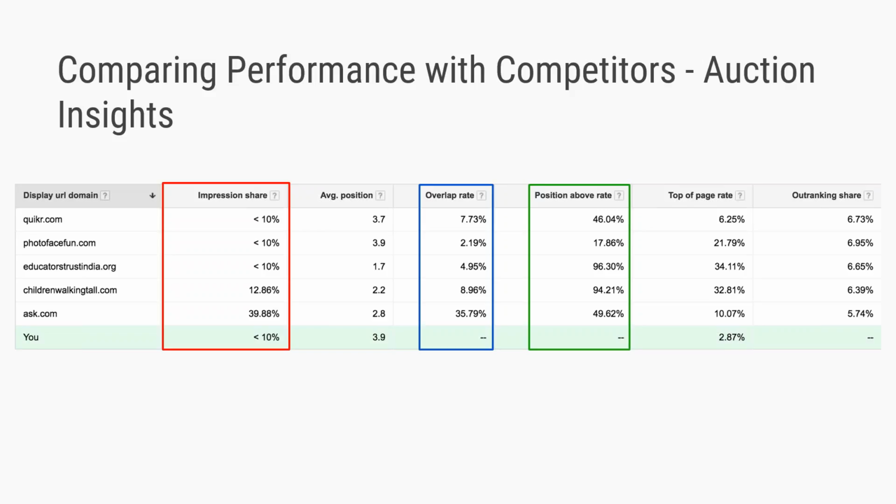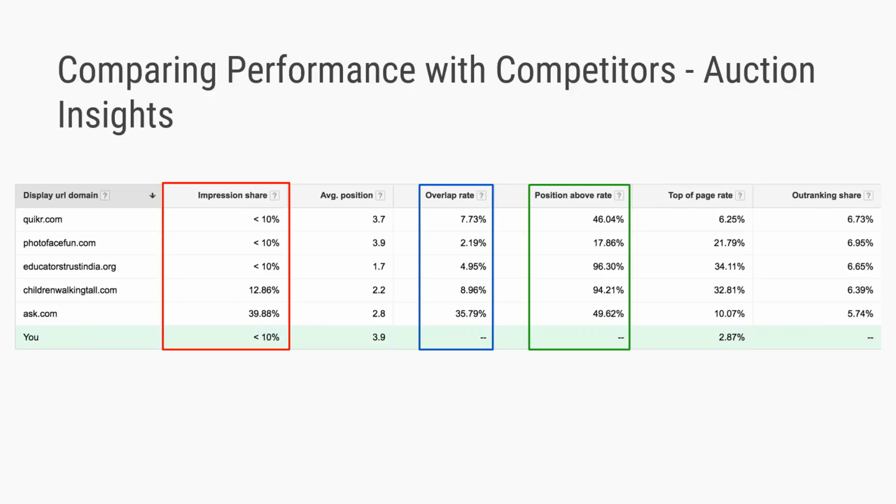Overlap rate, in the blue box, means what percentage of times you and your competitor's ad appeared at the same time. For example, for ask.com and my website, ads for both these businesses overlapped 35% of the time.